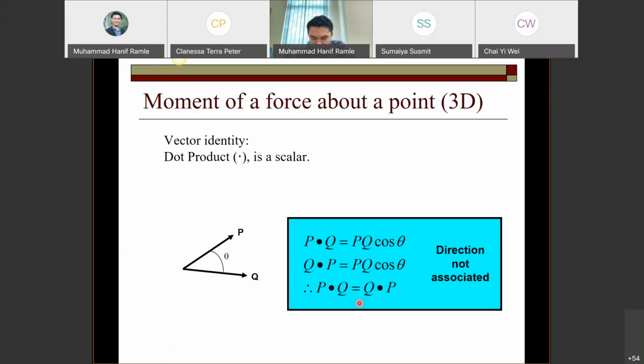We must know that the final solution of P dot Q is equal to Q dot P. It is not like the cross product, where P cross Q is not similar to Q cross P. In the dot product, PQ and QP give the same answer. The direction is not applicable; it is not affected if you use the dot product.